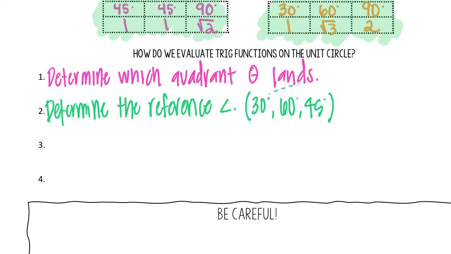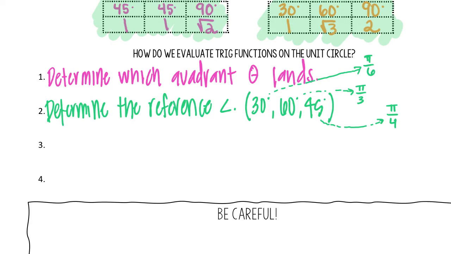Now, remember that 30 degrees reference angle is always going to be associated with anything in radians that ends in pi over 6. 60 degrees is always going to be with something that ends in pi over 3 in radians. And a 45-degree reference angle will always occur with something that ends in pi over 4.